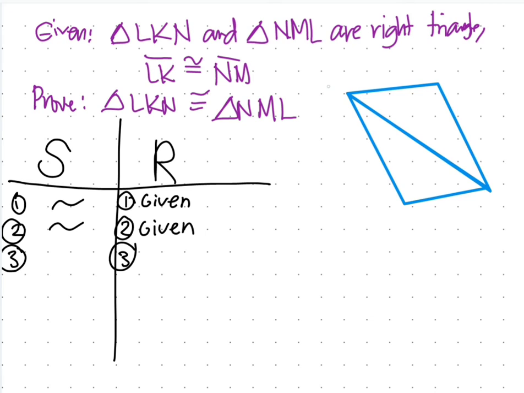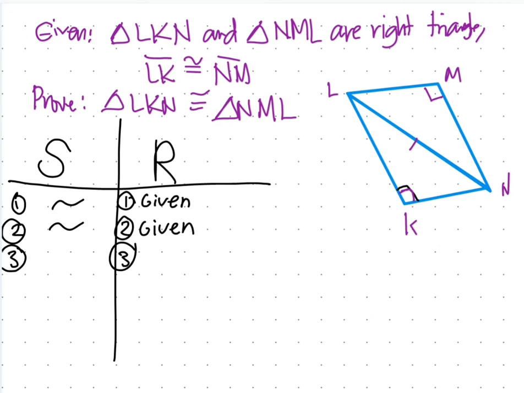So this is L, M, N, K. And it says they are triangle LKN. This is a right triangle, and then NML, as well as this one. And then this one. Okay, so that's your drawing.